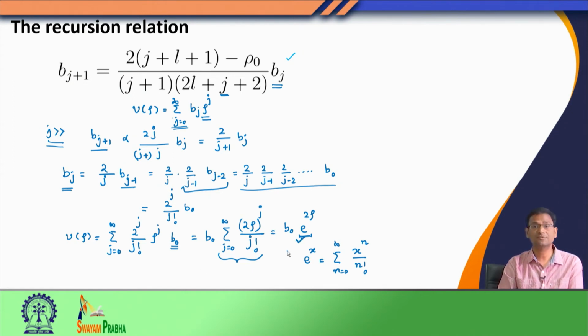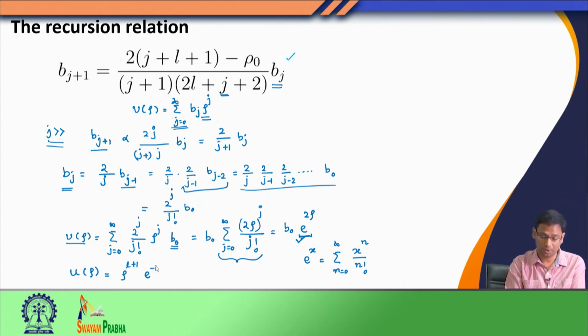If you notice this function carefully, you would see that I have this function e to the power 2 rho as v. If you remember, we had defined u as having a term rho to the power L plus 1 e to the power minus rho, and now we are seeing for very large values of j, v of rho becomes e to the power 2 rho.